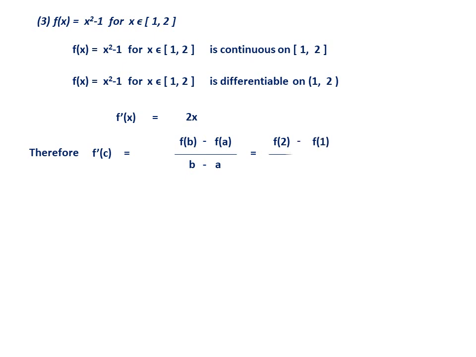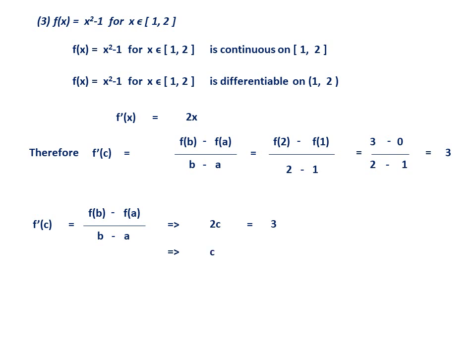So, f of 2 minus f of 1 divided by 2 minus 1. Simplify. f of 2 is 3 because 2 square is 4, 4 minus 1 is 3, and f of 1 is 0, so 1 square minus 1, divided by 2 minus 1 is 1. So the answer is 3. Next, f dash c equal to f of b minus f of a divided by b minus a implies 2c equal to 3, because f dash c is 2c.